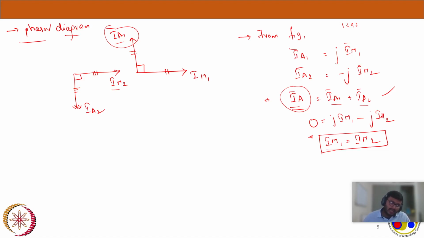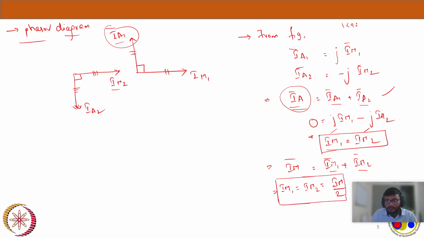But we know IM is equal to IM1 plus IM2, and we found that these two are equal. So I can write IM1 is equal to IM2 as IM by 2, because both are equal and have the same magnitude.